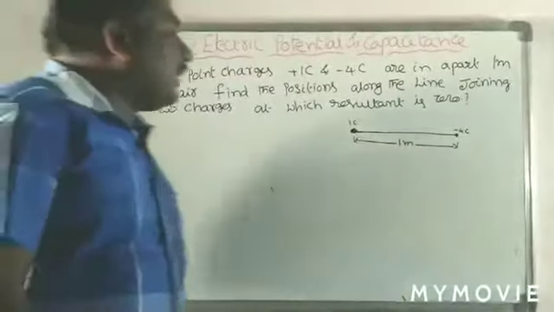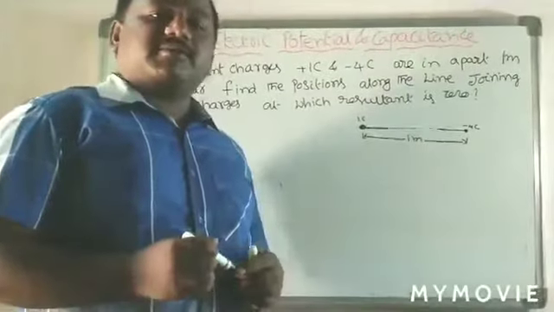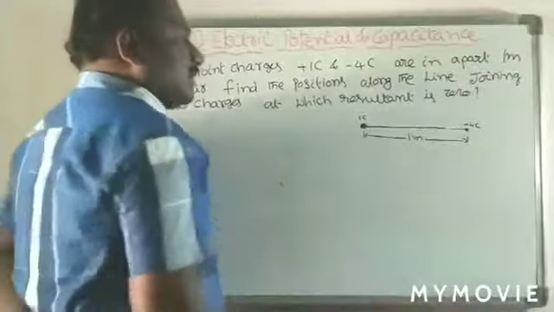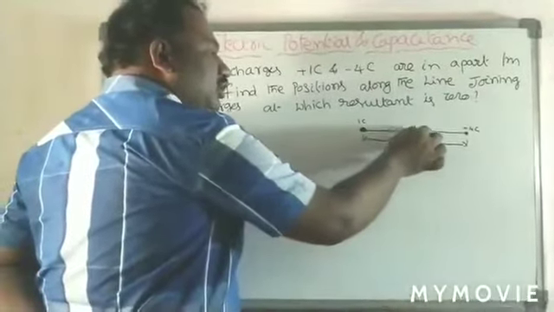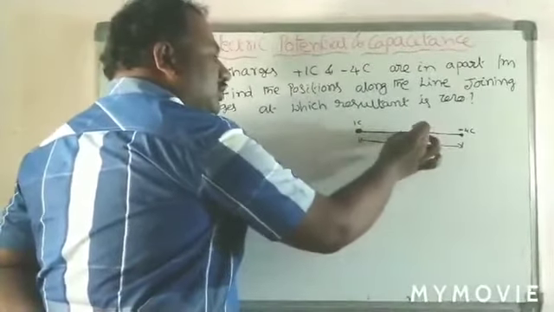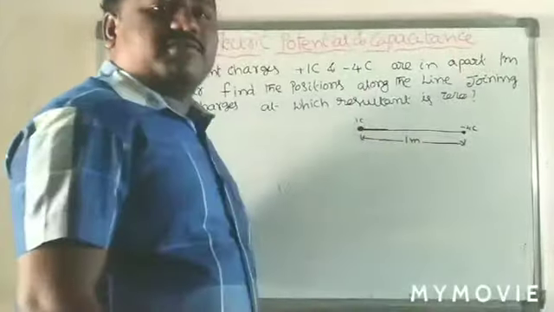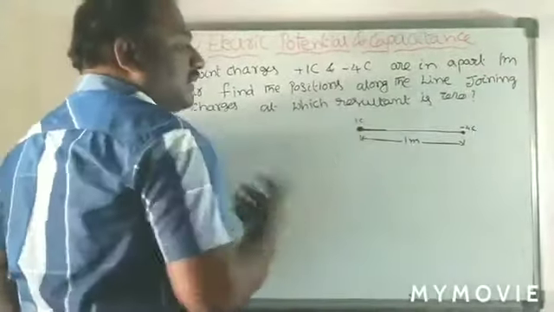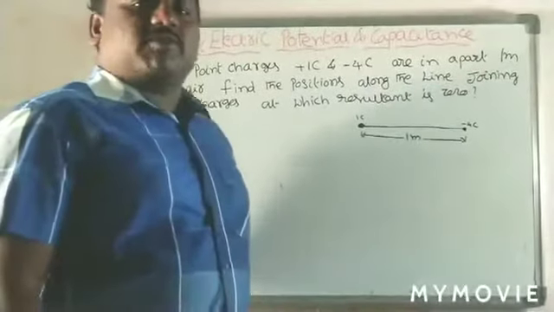Now we have to find where the potential becomes 0. For that, two cases can be considered. There is a possibility of null potential, or 0 potential value, in between these two charges, or outside of them.